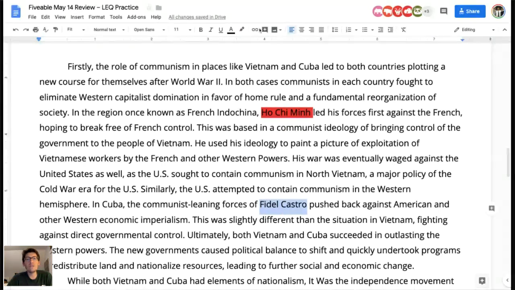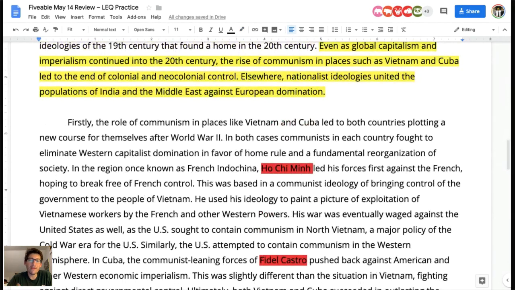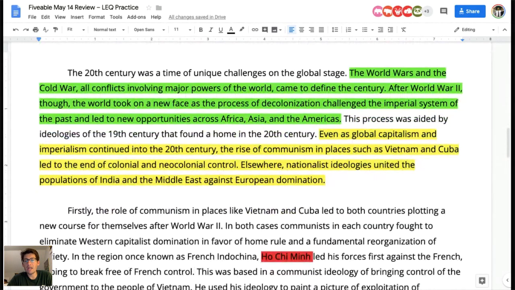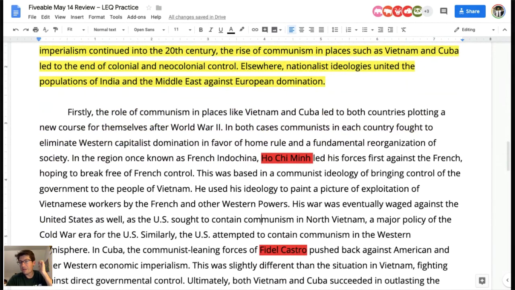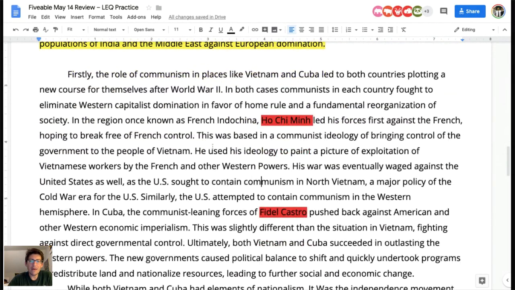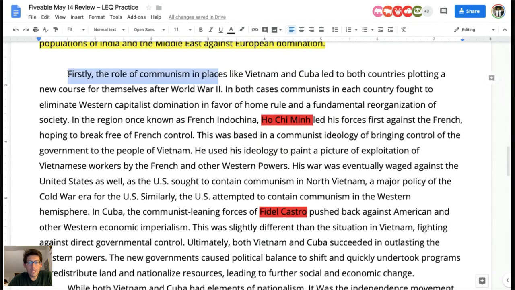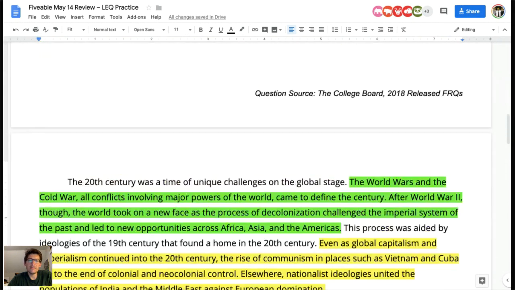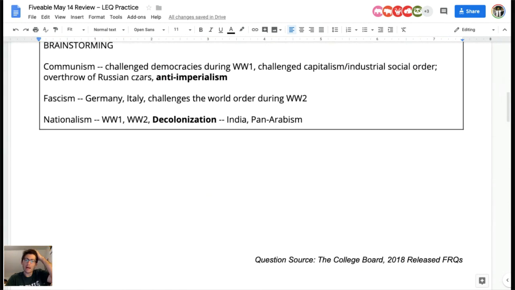I'll just highlight Ho Chi Minh and Fidel Castro. They're relevant pieces of evidence talking about communism in this. I'm up to 3 points already, just halfway through that second paragraph. I use them as evidence in supporting an argument. So there's a 4th point. I am, in answering this question, talking about changes.